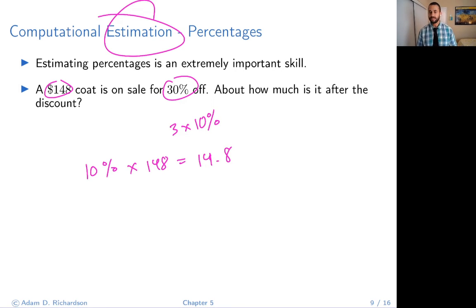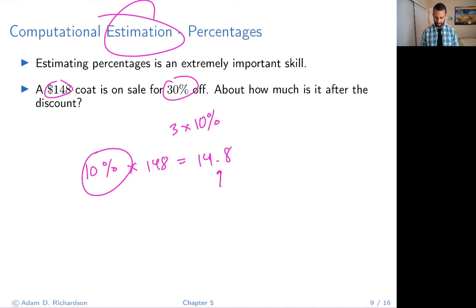In some sense, I just moved the decimal point. Why is multiplying by 10% moving the decimal point? Because 10% is 1/10, and that's just dividing by 10, which moves the decimal back by one place.